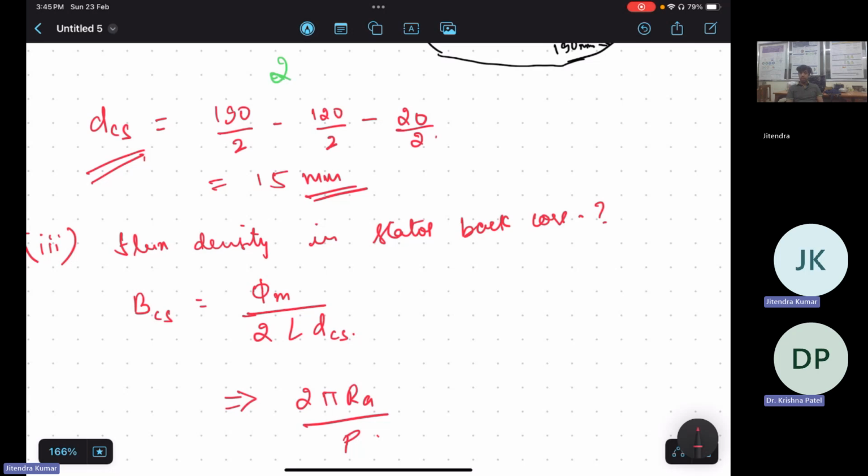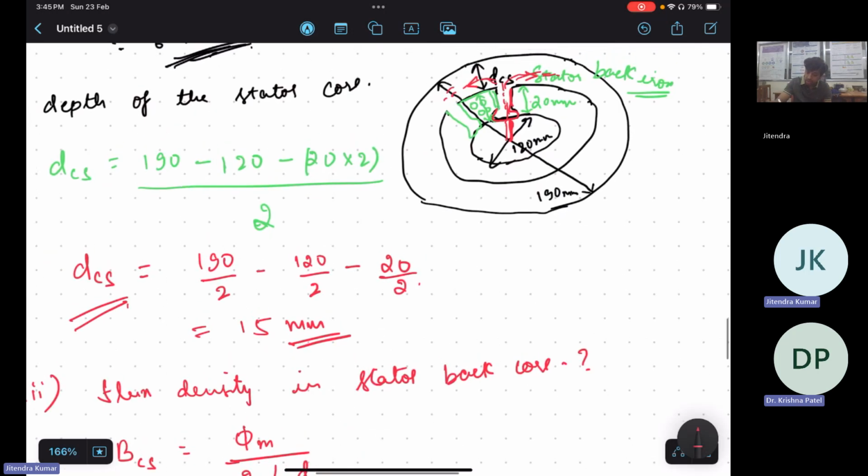But here we are calculating in the stator back iron, where widths are uniform. So we do not need to consider only tooth width. Here widths are uniform, all this area is core. So area will be this width into the stack length.